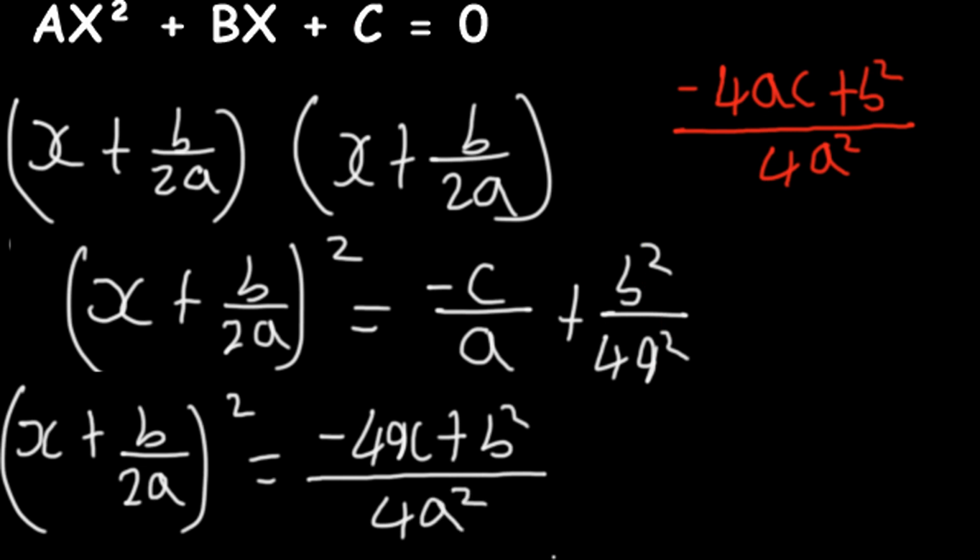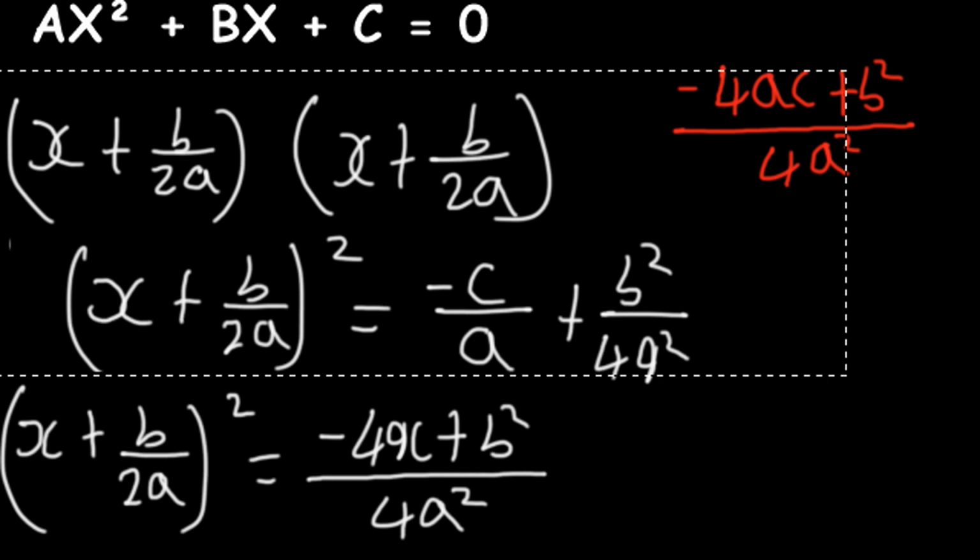The next thing we need to do is to root both sides, in order to cancel the squares.